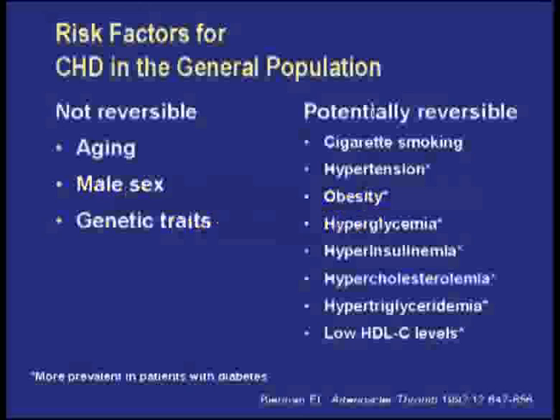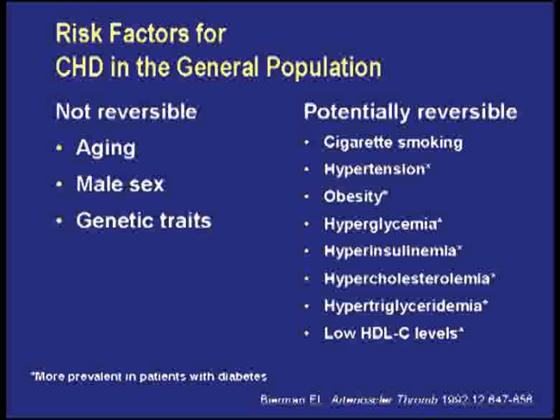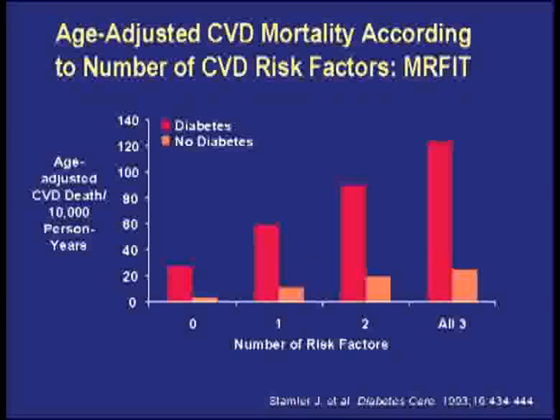Why is the atherosclerosis risk in diabetics so high? There are modifiable and non-modifiable risk factors. Except smoking, all the modifiable risk factors, hypertension, obesity, hyperglycemia, hyperinsulinemia, hypercholesterolemia, hypertriglyceridemia and low HDL, are very high in diabetic patients compared to non-diabetic patients. Looking at age-associated CVD mortality according to the number of CVD risk factors in the risk factor trial, we find that diabetic patients have almost 3 to 5 times higher risk than non-diabetic patients.